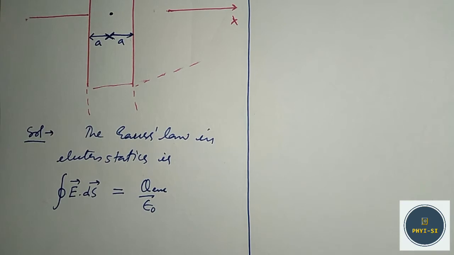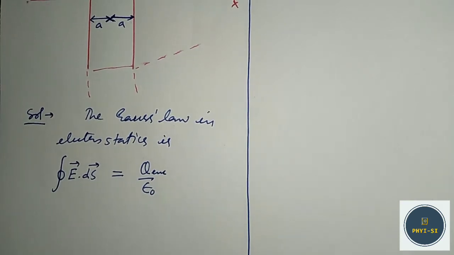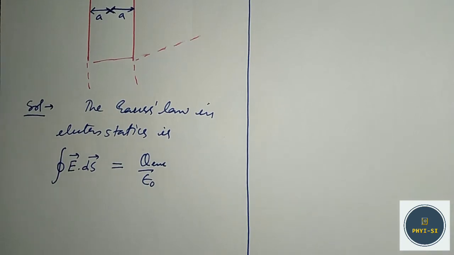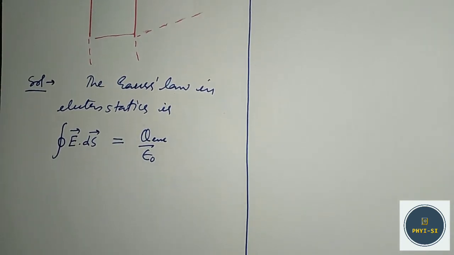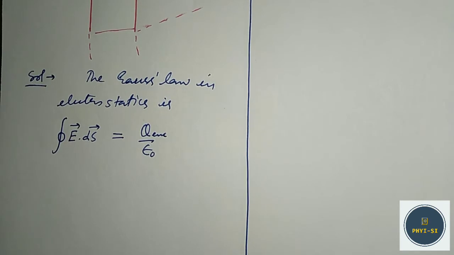Now to apply Gauss law we have to think of a Gaussian surface, so that the electric field and the surface area are either perpendicular or parallel to each other. For this case I think we have to take a cylindrical Gaussian surface.